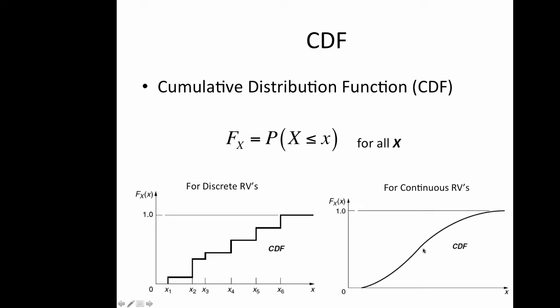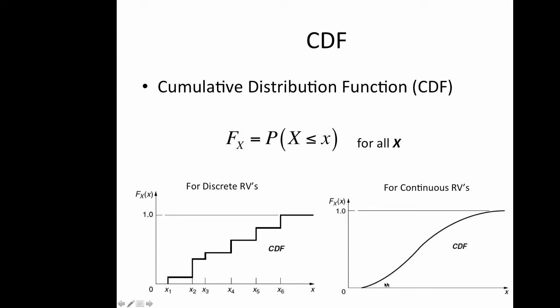For a continuous random variable, again we have our number line x, and we plot against that the CDF, and it may look something like this. There are a multitude of different shapes for different functions that we'll see, but this is a good example where we have a ramp up to an asymptotic shape, and then ultimately, in many cases when we get to plus infinity, we will reach a probability of 1.